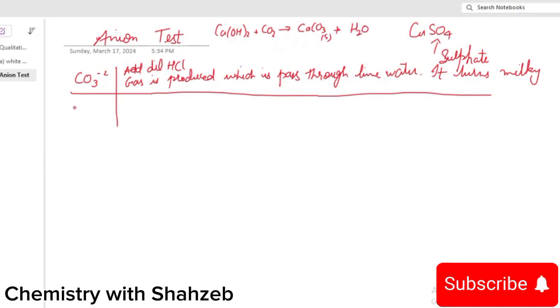Moving further towards the chloride ion, then we have the bromide ion, the iodide ion, and the sulfate ion.